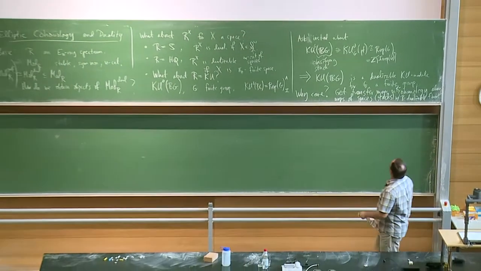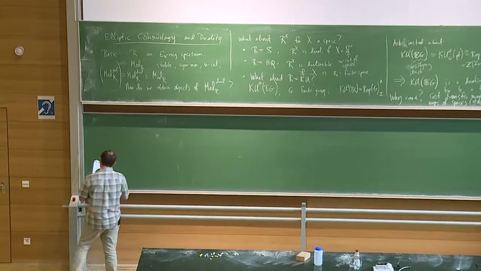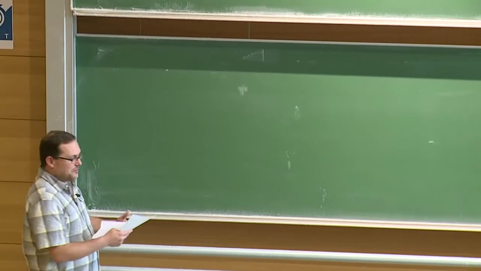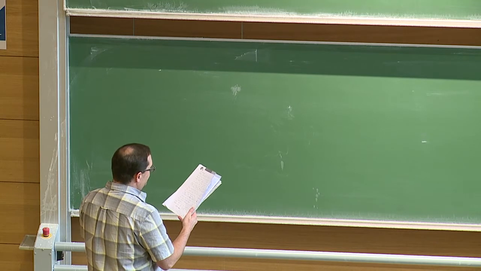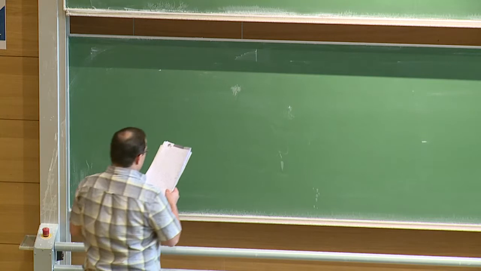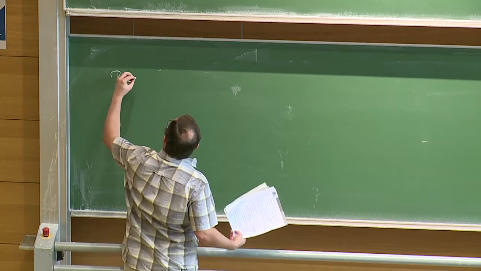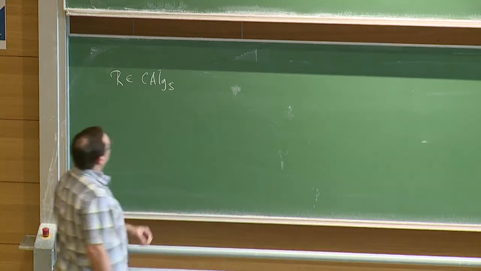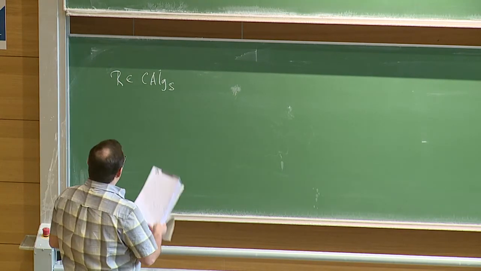Okay, so it's important for making calculations that we should be able to identify some dualizable objects. Okay, so let me step back and now put this into a bit more perspective. So R, this is a commutative algebra over the sphere, or an E-infinity ring spectrum. Same thing.